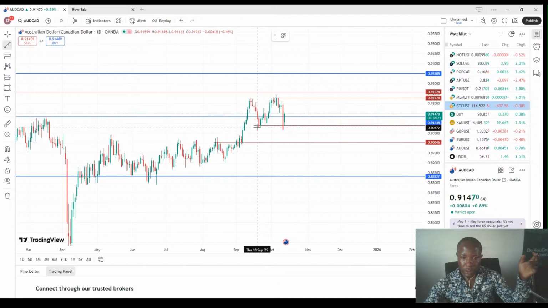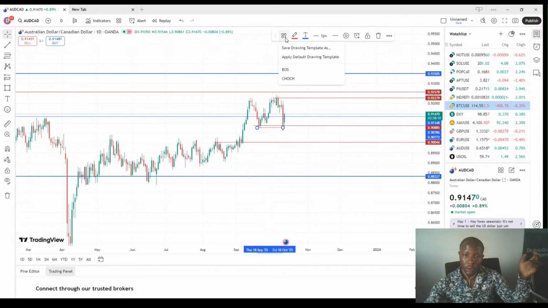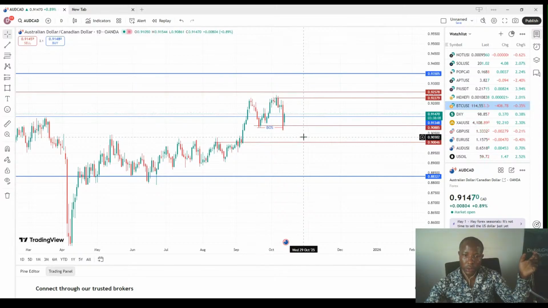So let's mark this out as a break of structure. Well, that is the last break of structure we can hold our hands on. This is the last break of structure we can hold our hands on, and it is a break of structure to the downside. We can as well mark out here our order block.